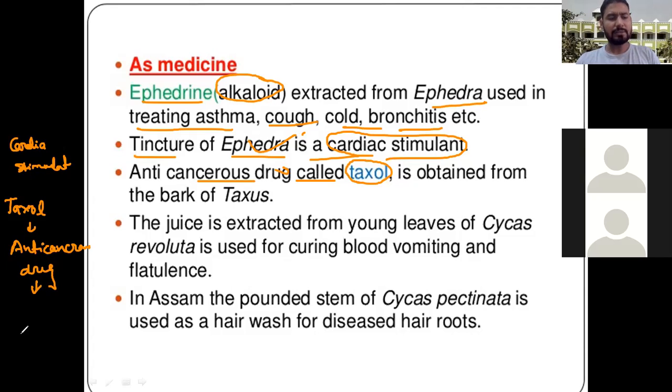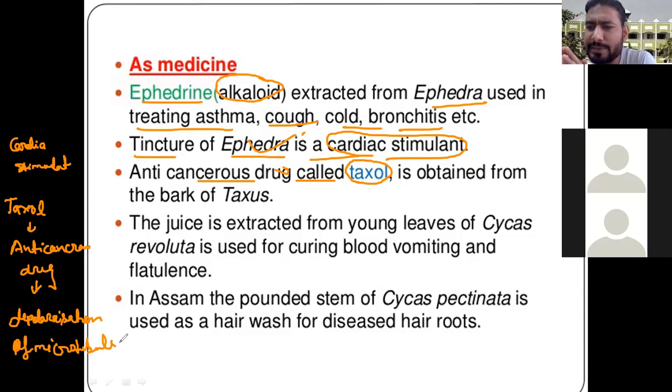It prevents the depolymerization of microtubules. What are microtubules? Microtubules are involved in the formation of the spindle fiber. If there is no spindle fiber, how will the chromosomes separate? If the chromosomes do not separate, the cell will be ordered to go to cell death.